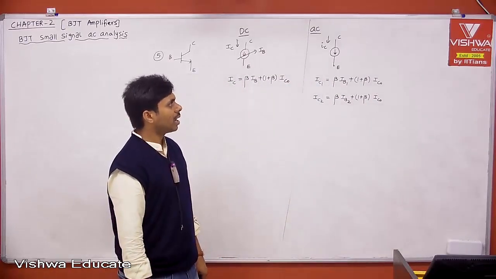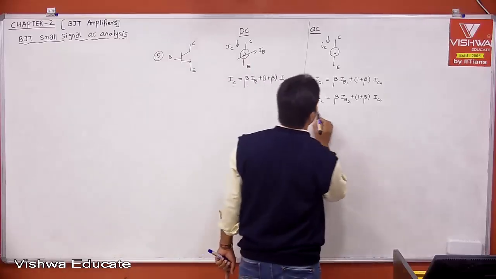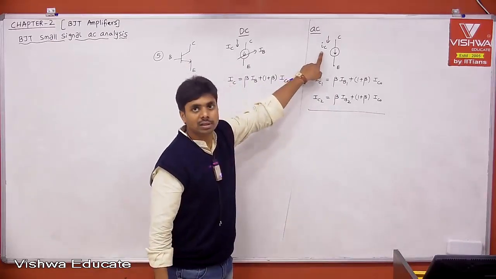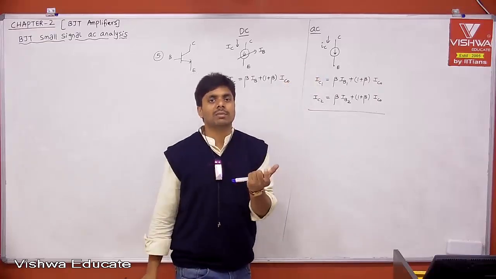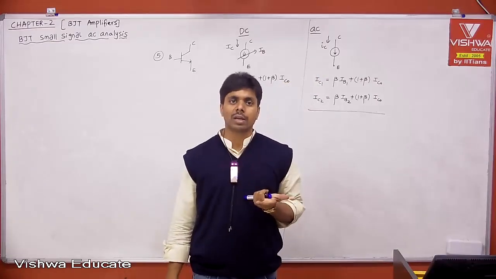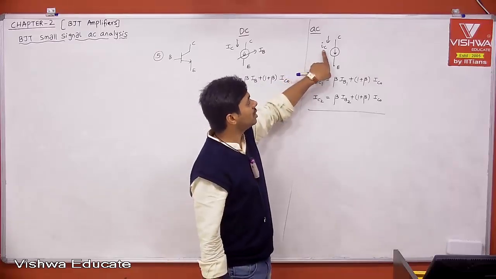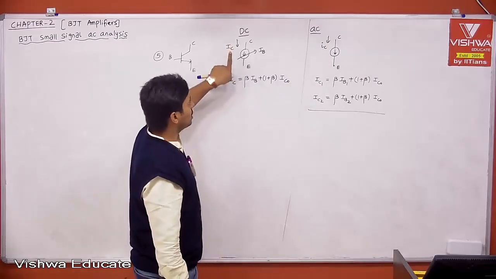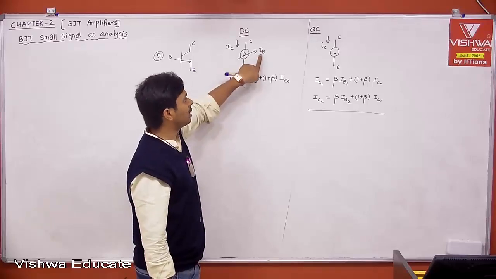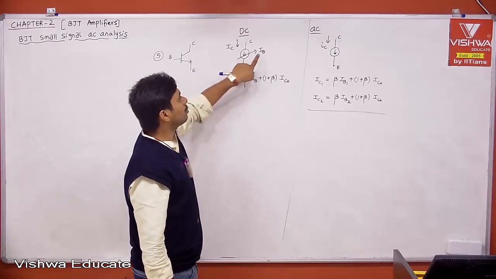But I am looking for the change in the current. I am looking for only the change in the collector current, because that is nothing but the AC signal. What is an AC signal? The signal which is changing with respect to time. That is what is called an AC signal. Therefore, I am looking for the change in the current. If you come to DC analysis, I am looking for DC current, because of the base current. If IB, then IC. It is like point to point.